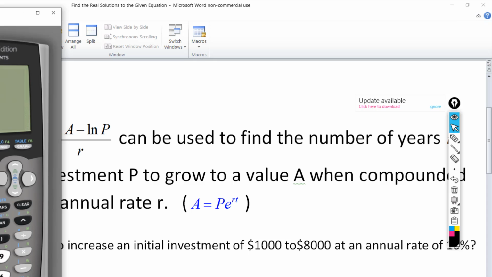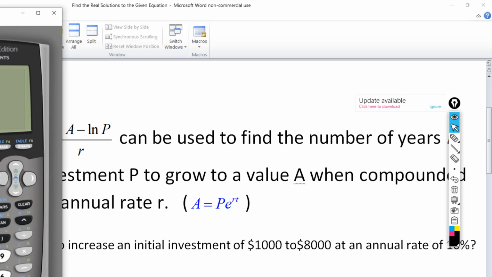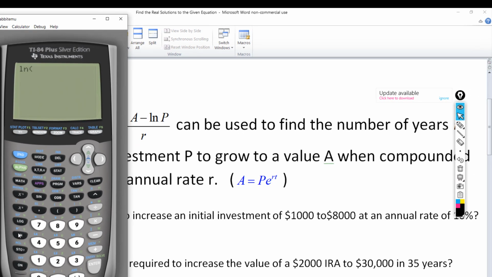So it's ln of 30,000, that's your A, minus the log of 2,000.